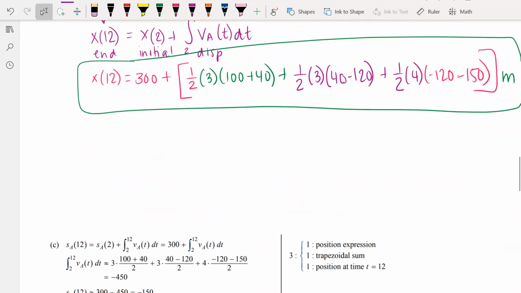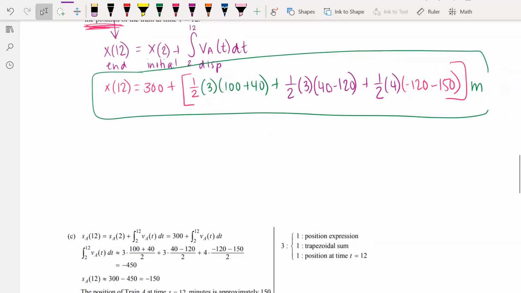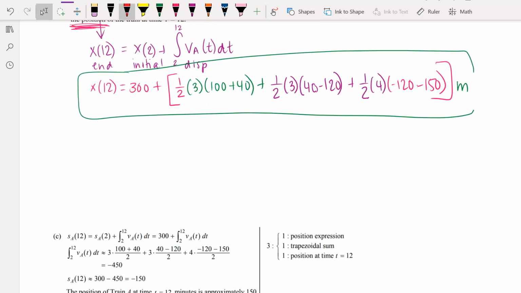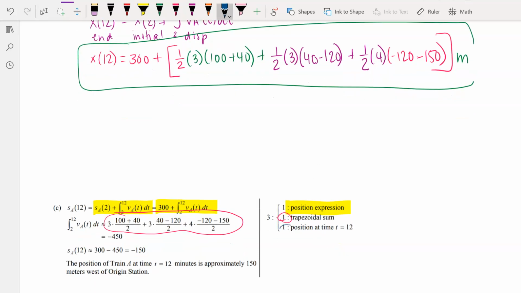So let's look at the rubric. If we came up with a position expression, we get a point. If we did a trapezoidal sum, they just wrote theirs different, we get a point. And if we end up getting the ending position, which we didn't simplify, we just threw units on, you will get another point.